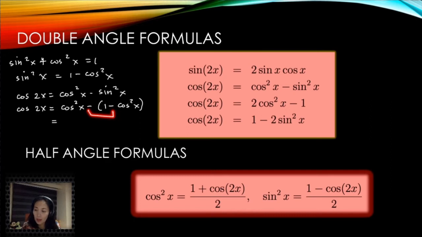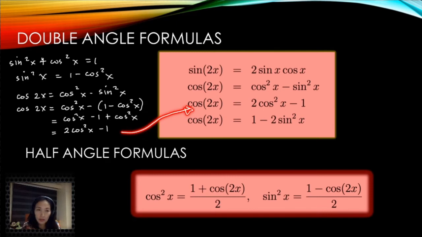Combine it to cosine squared x, then we shall have 2 cosine squared x minus 1, which is in fact the pair.